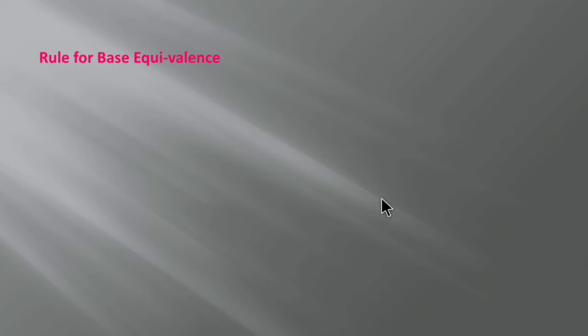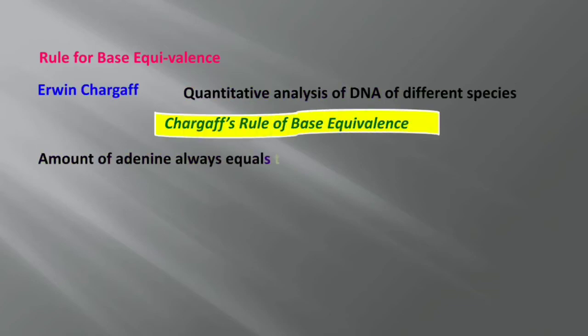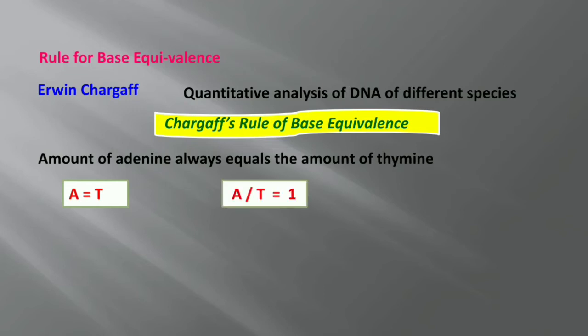The second observation was made by Erwin Chargaff. It is commonly known as the rule of base equivalence. What is this rule? The amount of purine is always equal to the amount of pyrimidine. That means the amount of adenine is always equal to the amount of thymine, so A equals T, or A by T equals 1.